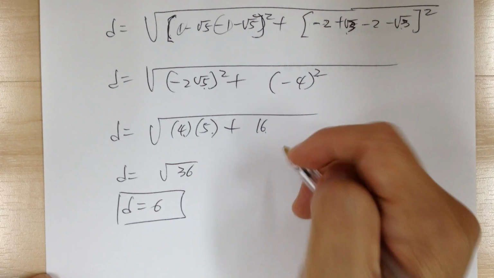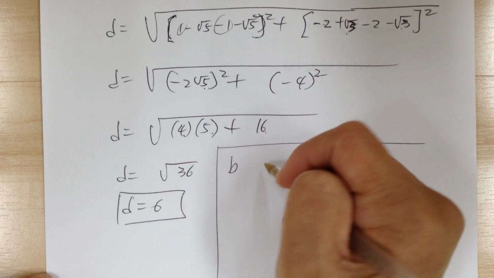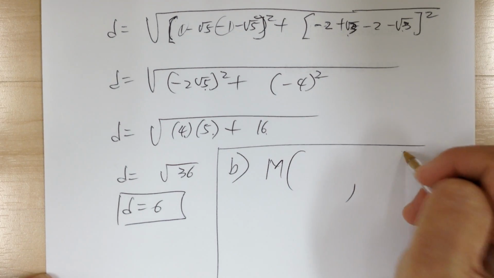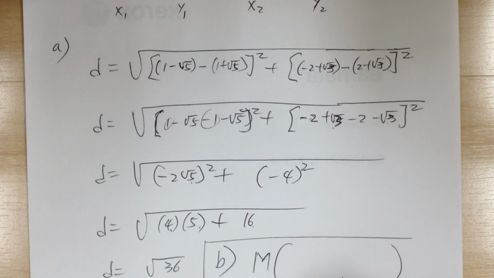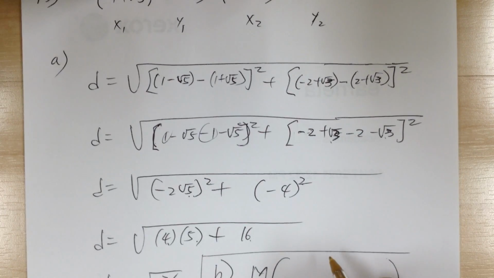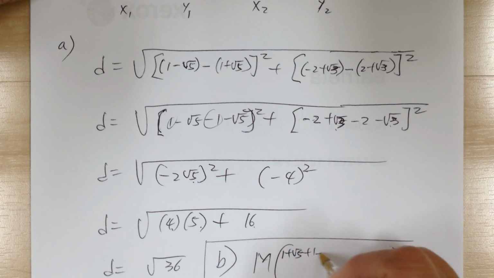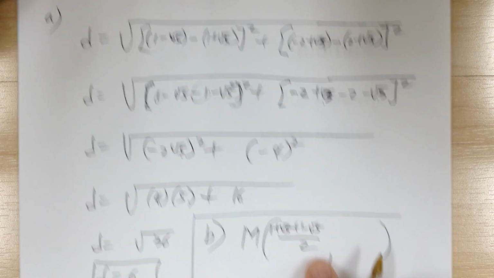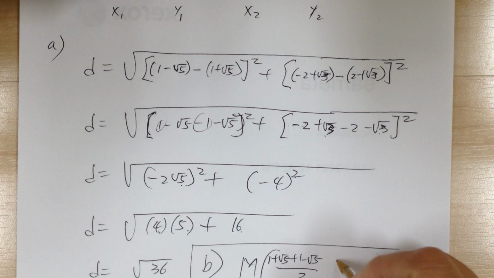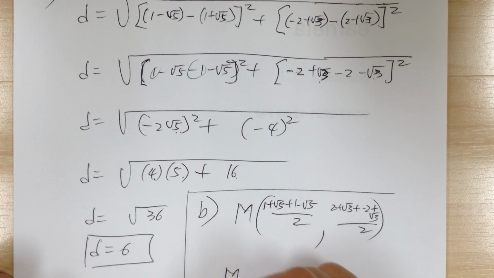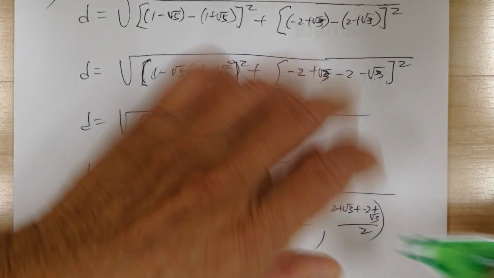Okay, now to do the midpoint for B, you just have to add this together. So you're going to get 1 plus square root of 5 plus 1 minus square root of 5 over 2. And this will give you 2 plus square root of 3 plus negative 2 plus square root of 3 over 2. Let's go and do it right.